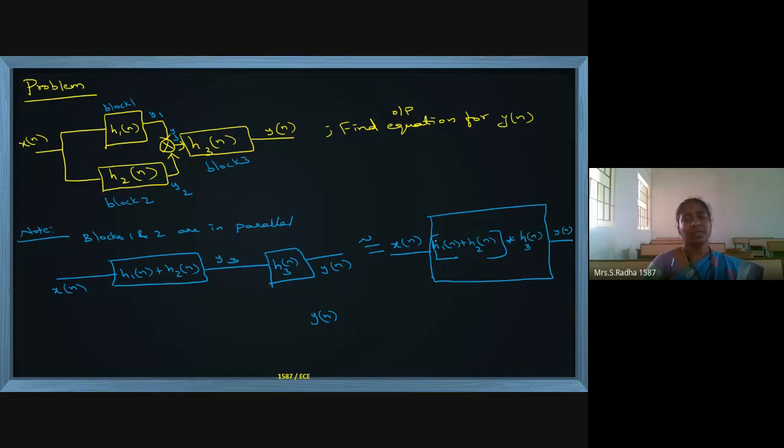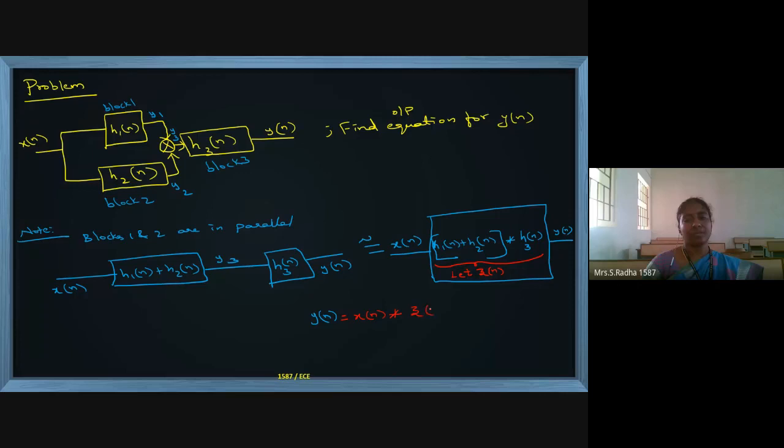So now this is the overall diagram. But for the output, if you assume this entire thing as z of n, the final output is nothing but x of n convolution z of n.